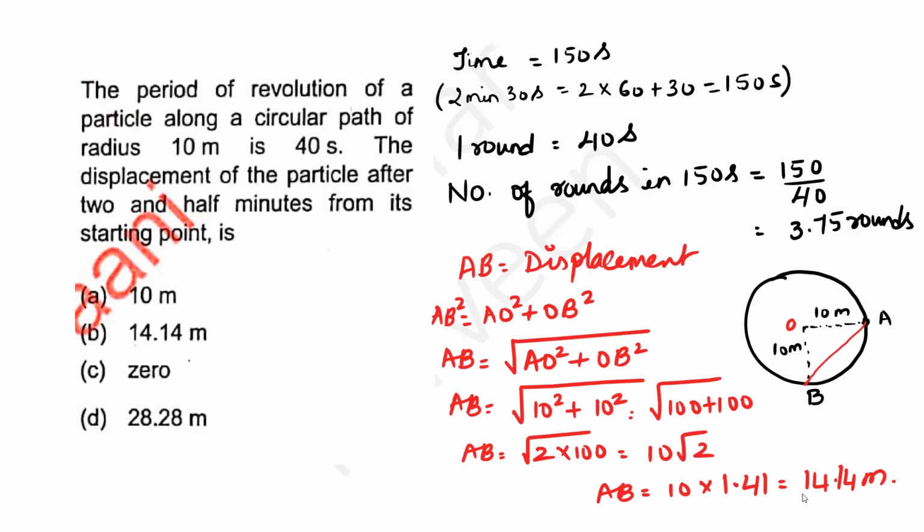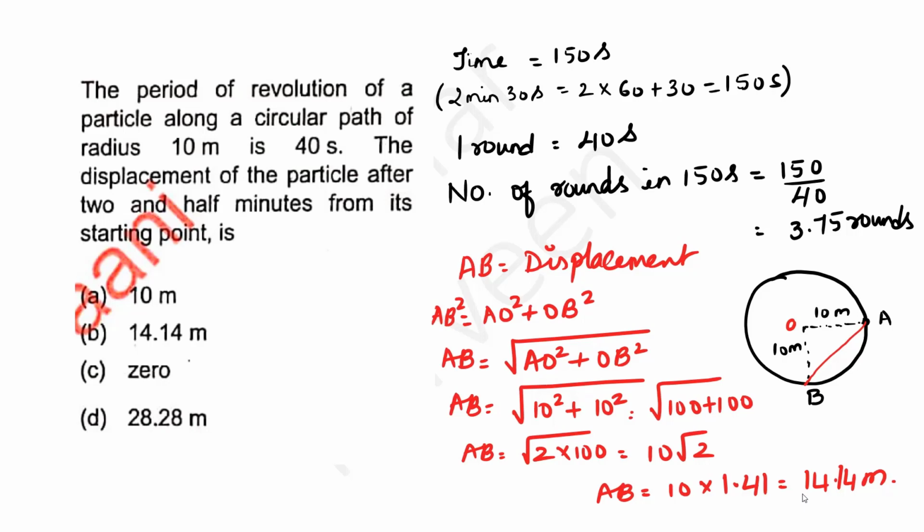In that circle, if that body has started moving from position A, it has travelled 3.75 rounds, means 3 times it has come back to A and 4th time it has stopped till B, isn't it? And the radius is given, that is 10 meters. Now, what will be the displacement? Displacement will be the distance between A and B, because the initial position is A and the final position of the body is B.